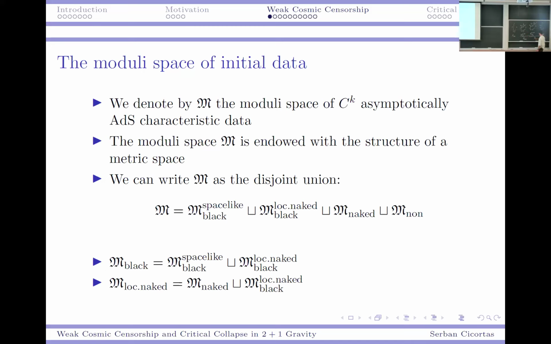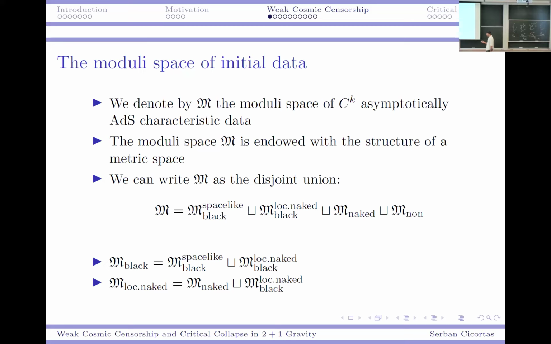So again, this is the initial data that leads to locally naked singularity spacetimes. And so keep in mind that this can be black hole spacetimes. Then again, locally naked just means that you have a null piece over here. So this can either be black hole spacetimes or naked singularities. Again, of course, they have a null piece.